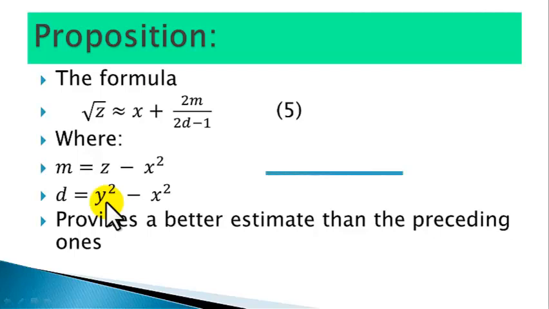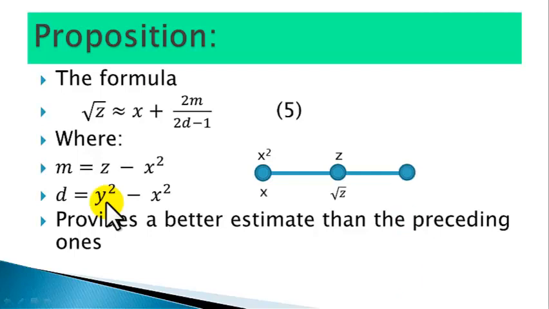Let us demonstrate this on a number line. This is the point representing the non-square number z, and we wish to find the square root of z. And let this be the point x squared, representing the next square number less than z, and the square root of x squared is x.